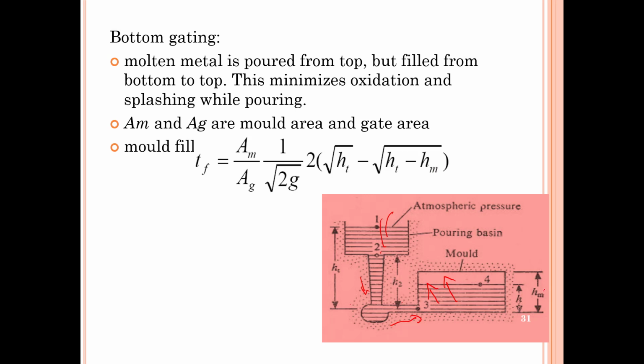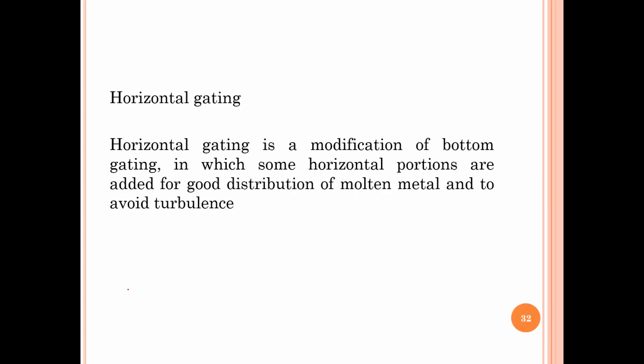So HM is here, H total is here, and AM is the mold area, AG is the gate area. So from that we can find the mold filling time for the bottom gating system.